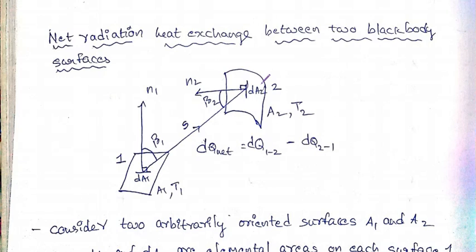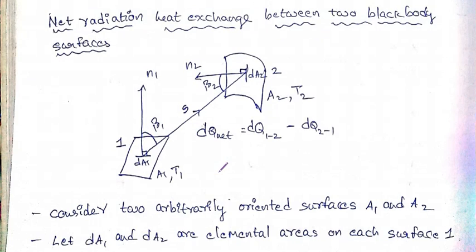That means they are oriented at different angles to each other. Here we have surface 1 with surface area A1 and temperature T1, and surface 2 with surface area A2 and temperature T2.